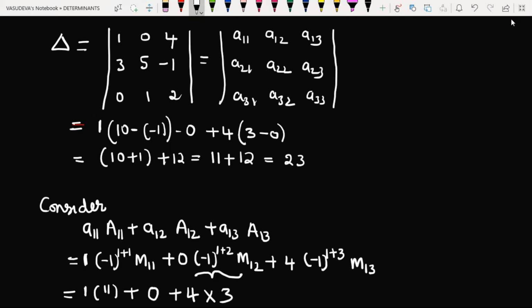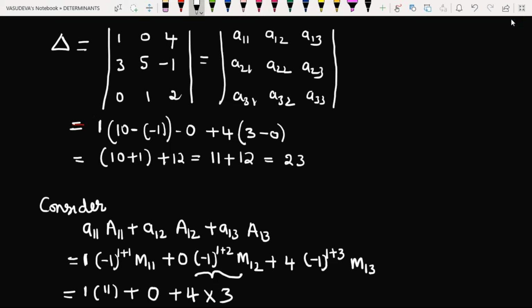Now consider the sum of the products of the elements with their cofactors, that is a11 into A11 plus a12 into A12 plus a13 into A13.